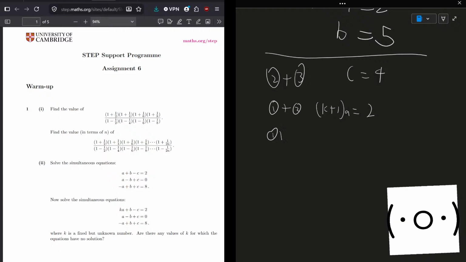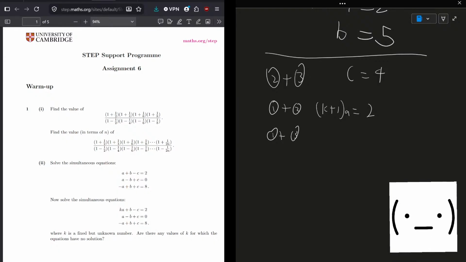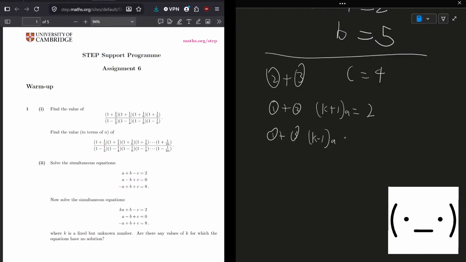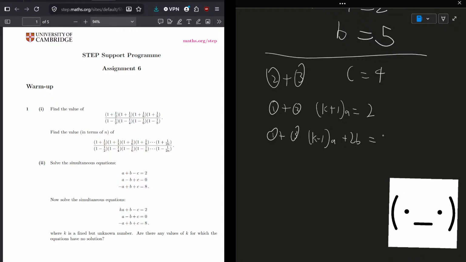What do we combine? 1 and 3. That means k minus 1 equals a. Let's do b equals 10.